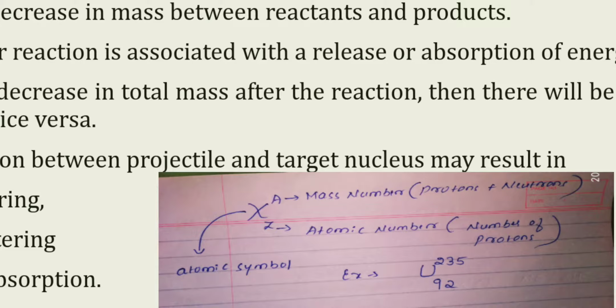Then 235 indicates the mass number, which is the sum of protons as well as neutrons. X represents the atomic symbol. The heavy element we are using now is uranium, represented symbolically by U. Don't get confused between the mass number and the atomic number.